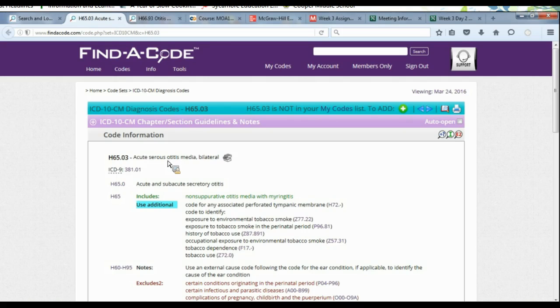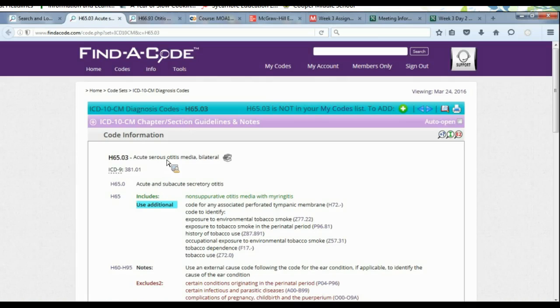So again, it did not say acute serous. Excuse me. All this fun coding gets me choked up. So acute serous otitis media. It did not specify acute or serous. It just says acute otitis. It didn't specify what type of otitis media.